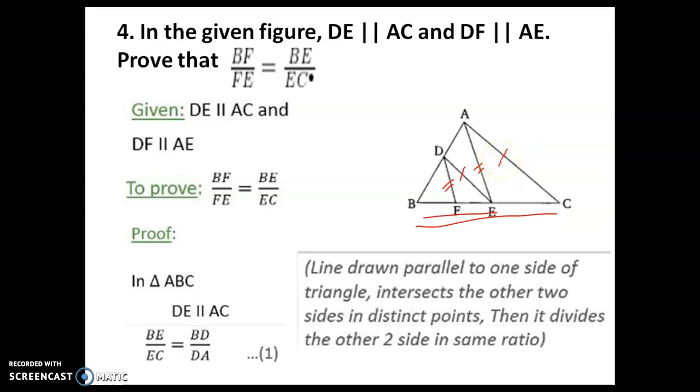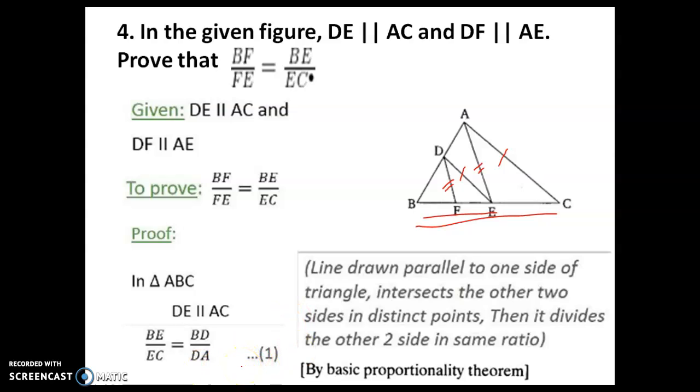So we can write by the basic proportionality theorem, BE by EC is equal to BD by DA. Why? Because these two lines are parallel. So we are writing the ratio, BD by AD and BE by EC. This is equation number 1. Keep this in mind.